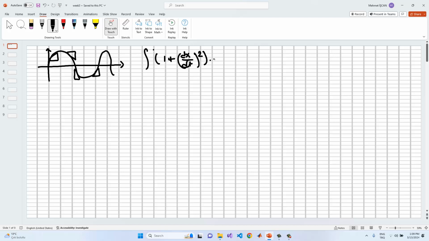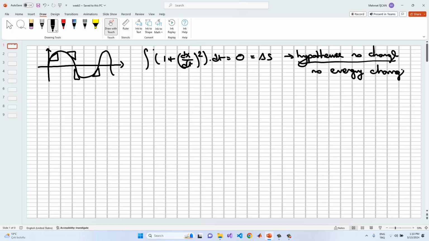The square form dt must be equal to 0 because delta s must be equal to 0, right? Because if we have any change in the hypotenuse, and then we can say that we don't have any energy conversion or energy change, right?